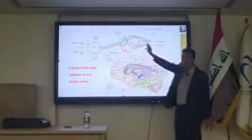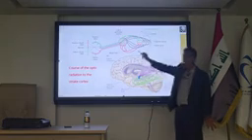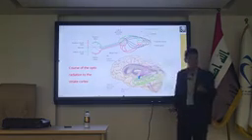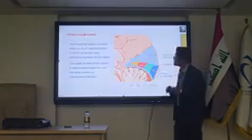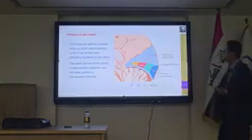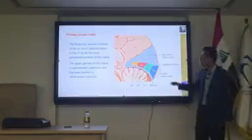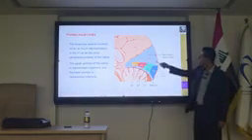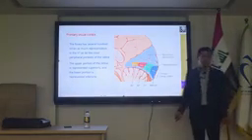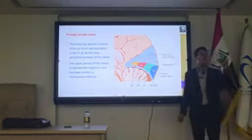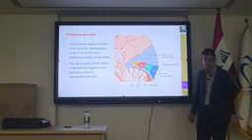So that's why acuity of vision is higher for the foveal region, right? So we call this the primary visual cortex. Around the primary visual cortex, we have the secondary visual cortex, which is related to higher level processing of visual information.